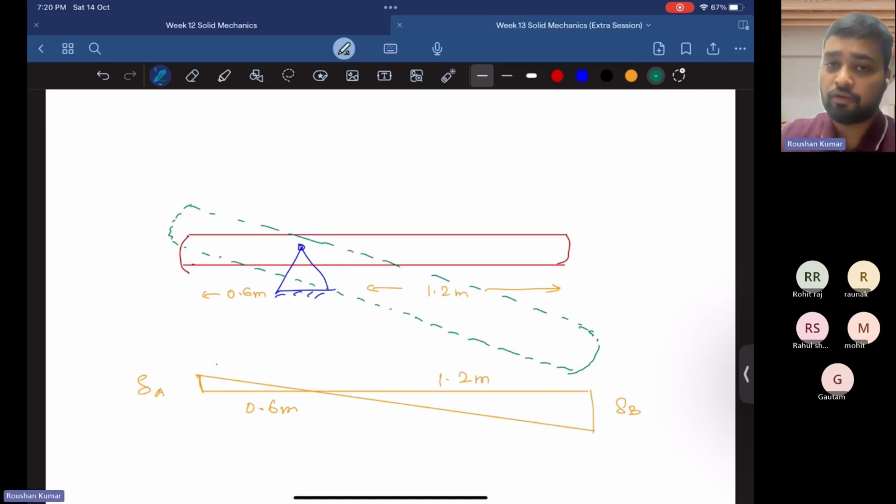And there is a resultant force acting due to the temperature change in the aluminum as well as in the steel bar.